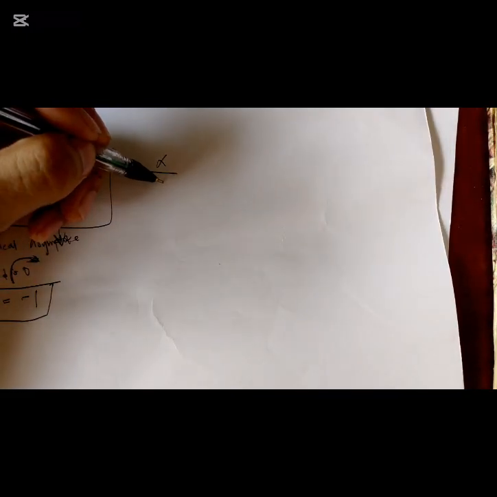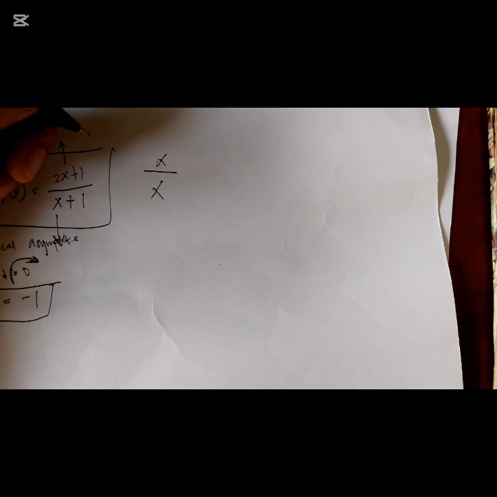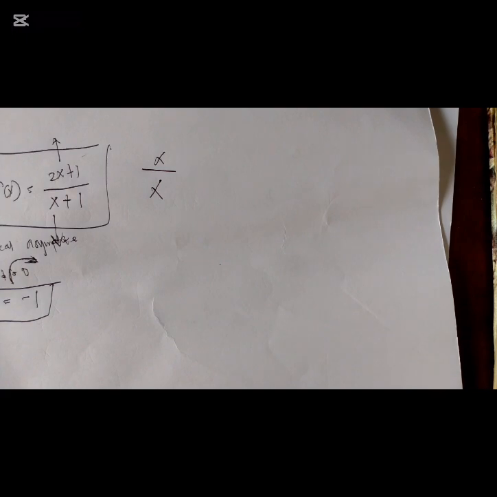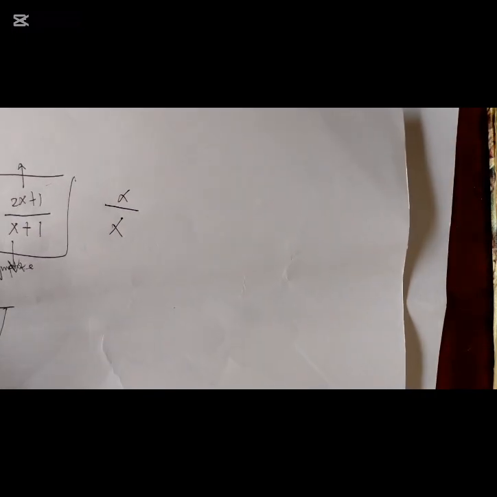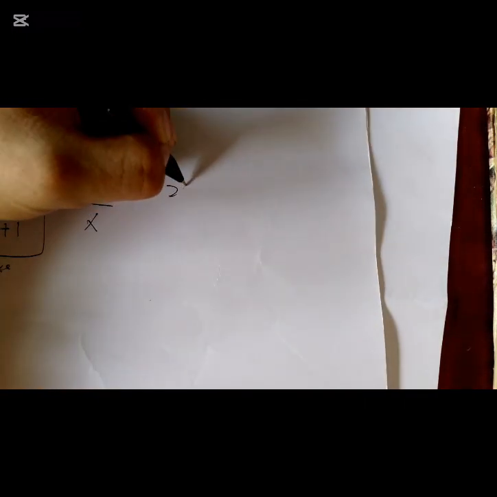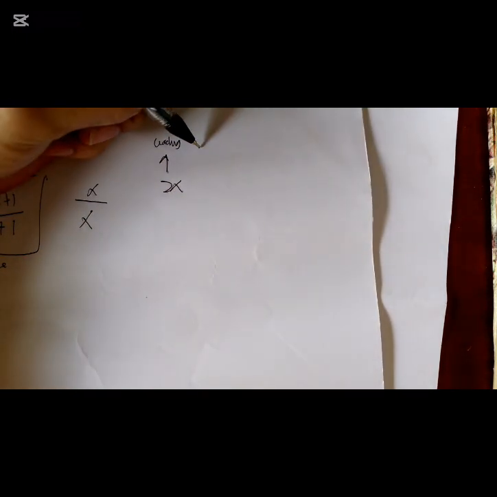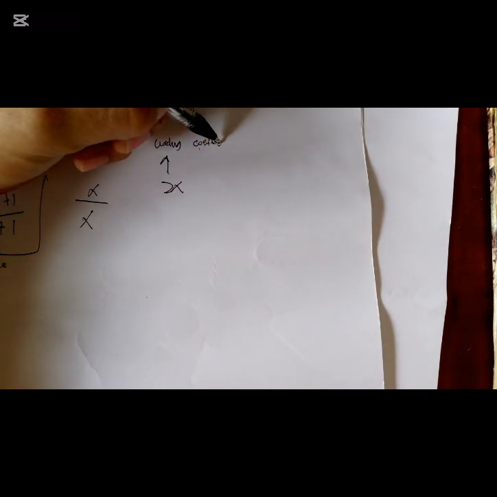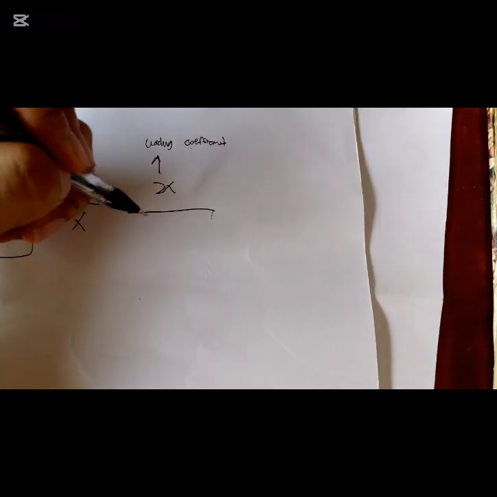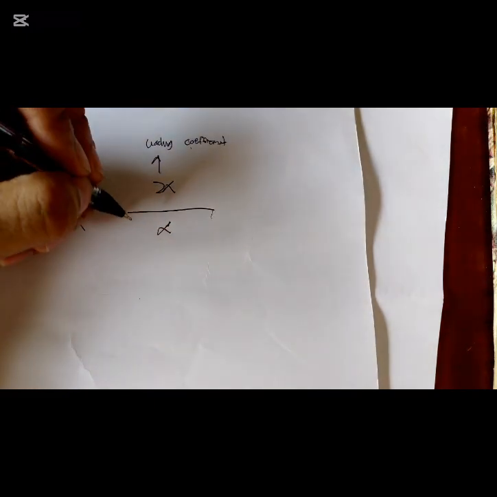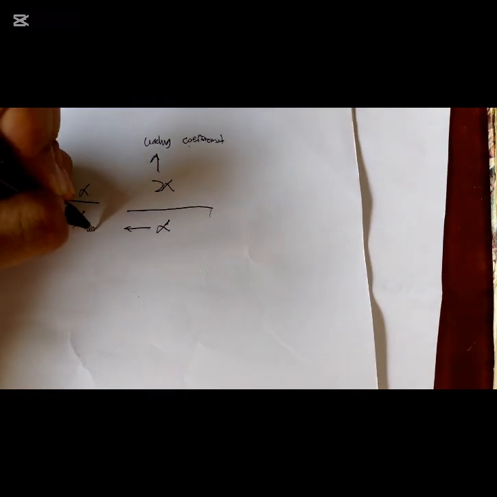The leading term of the numerator is x and also of the denominator is x, so they are the same. Let's determine the leading coefficients. The leading coefficient of the numerator is 2, and the leading coefficient of the denominator is the coefficient of x.